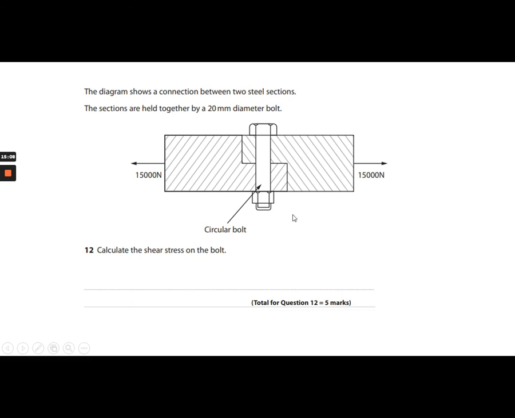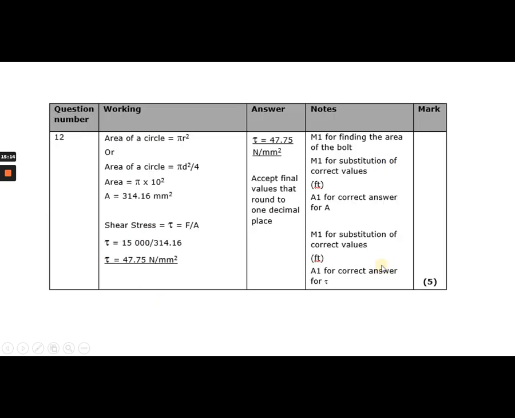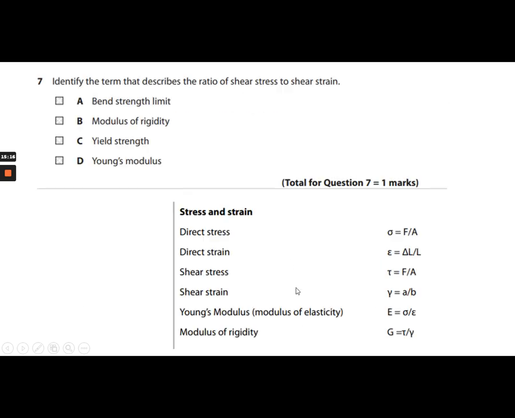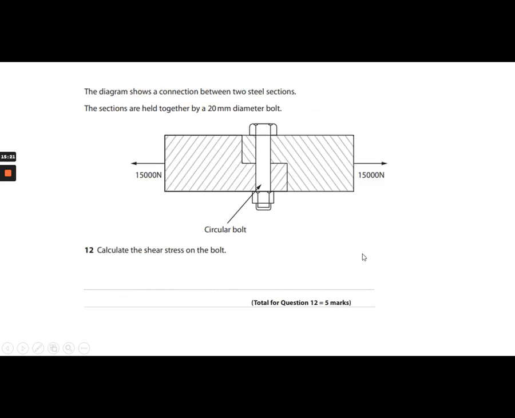Okay, here's another example. So look, it's single shear, isn't it? So there's your force. You'd spot shear stress, so you'd go straight to the data sheet here. So shear stress, force over area. Your force is 15,000 newtons. Don't call it 30,000. It's just the single force that's pulling on one side. 15,000 newtons.